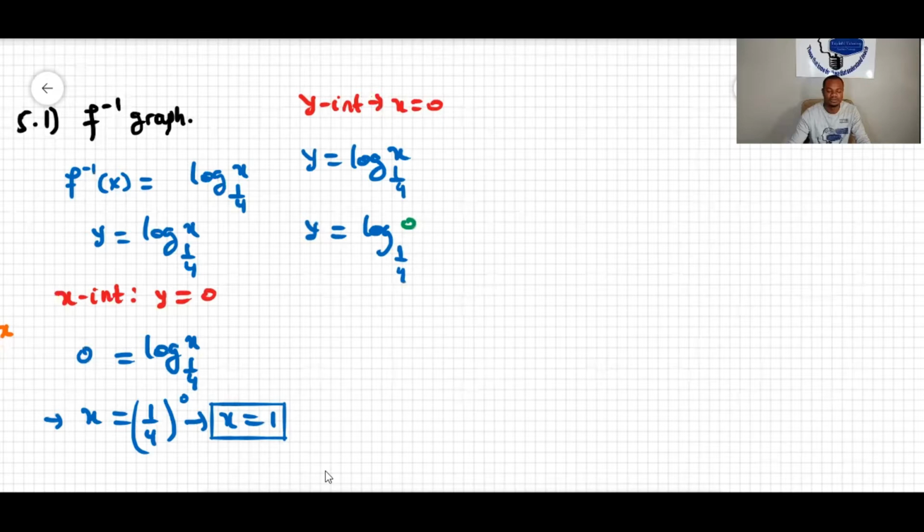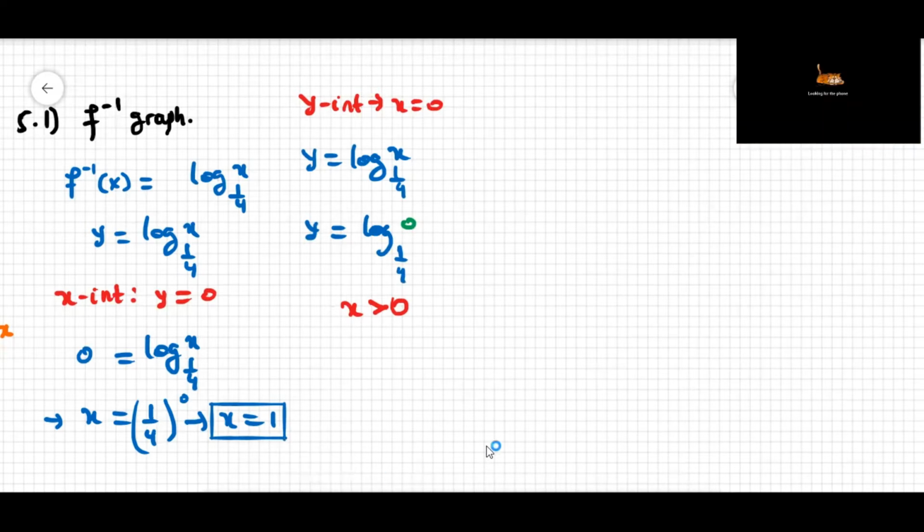Logs can only accept values of x that are greater than 0, by definition. So there is no y-intercept, meaning the vertical line, the y-axis, is an asymptote. Now let's draw this.